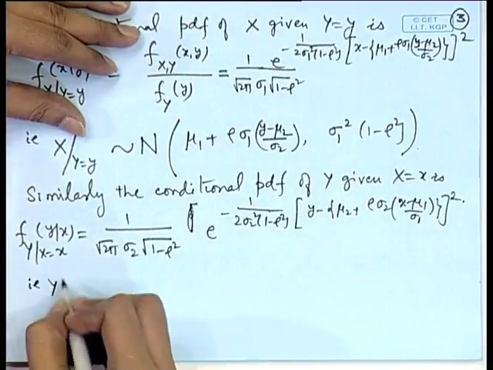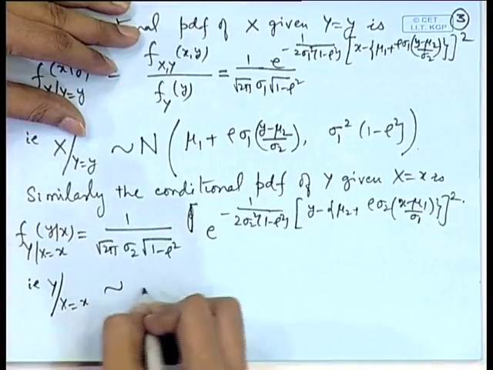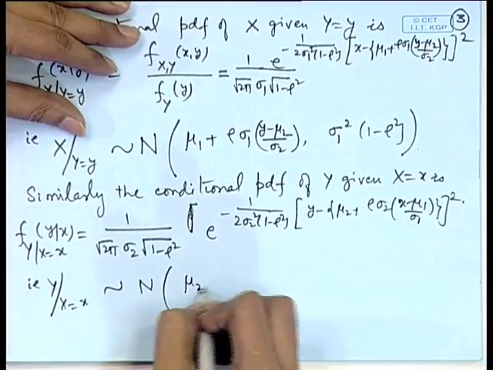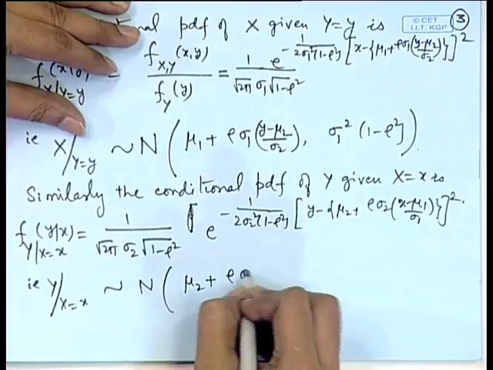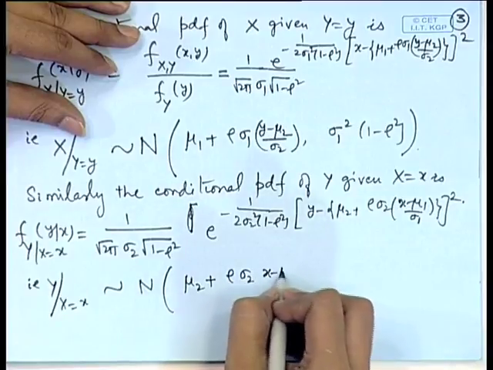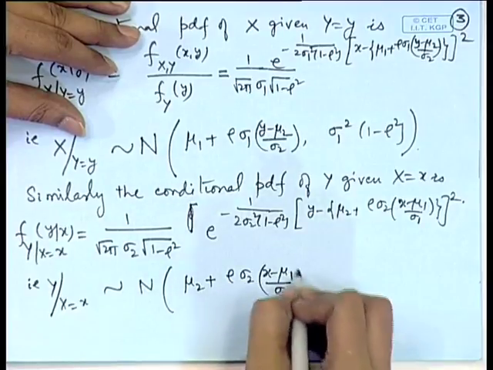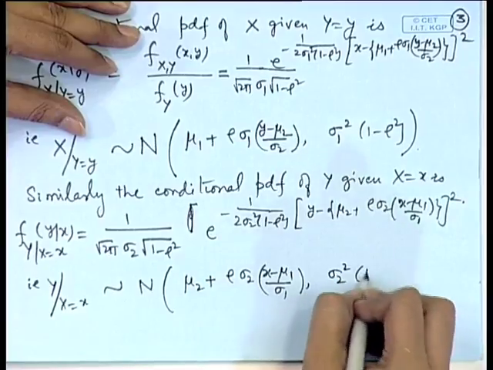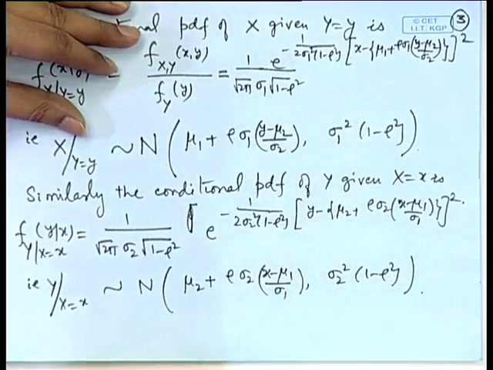That is, y given x equal to x follows normal with mean mu 2 plus rho sigma 2 (x minus mu 1) by sigma 1 and variance sigma 2 square (1 minus rho square).